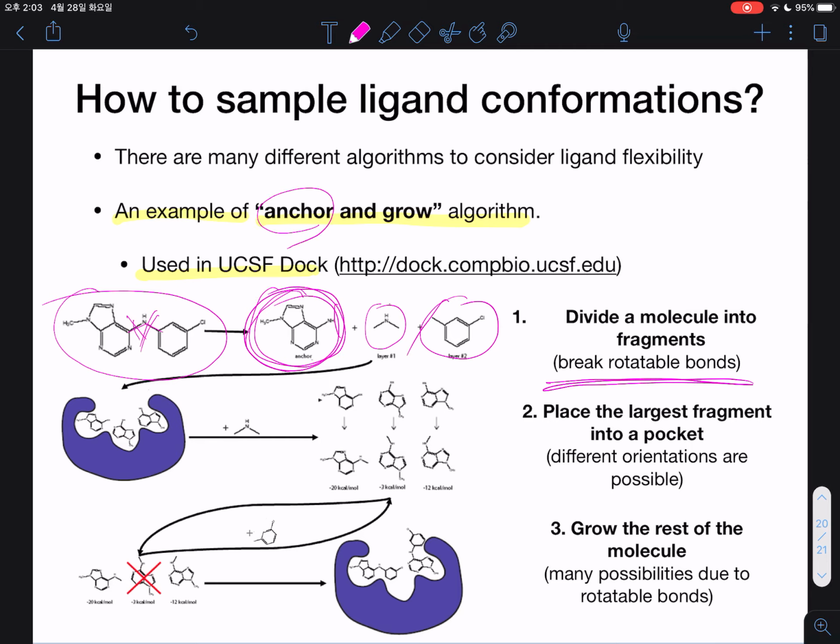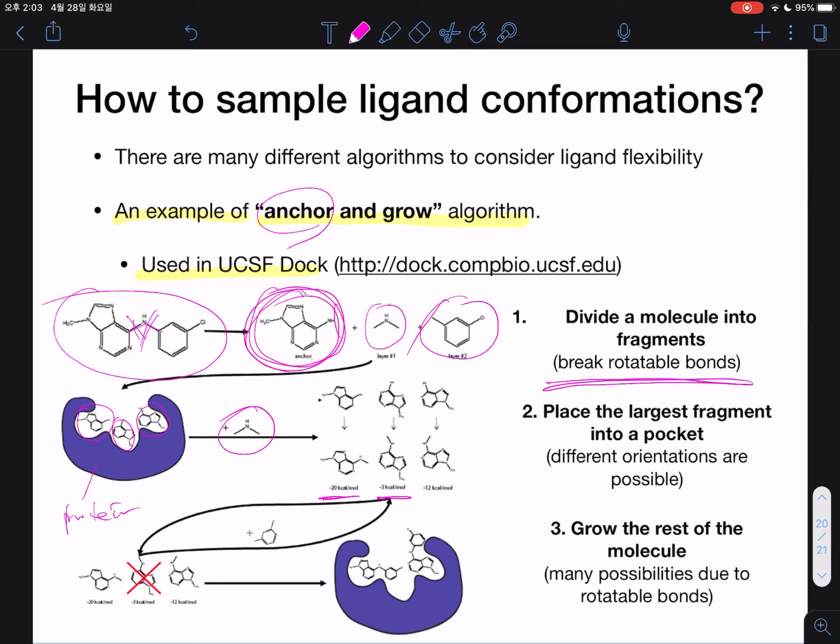When there is a protein, the largest fragment is placed first, and once the anchor is bound stably, then the next fragment is bound here.